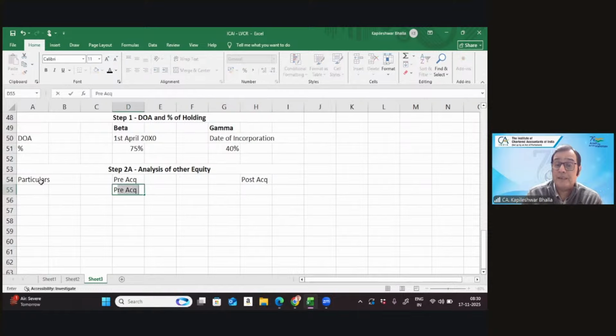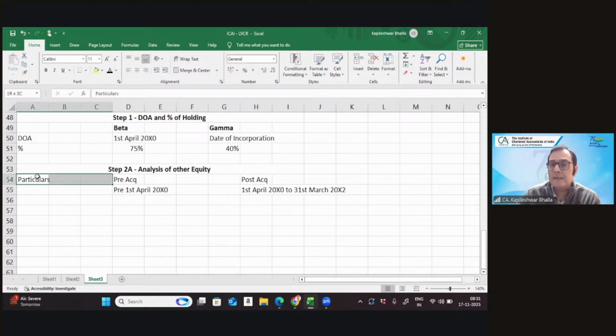We define the pre-acquisition as pre-1st April X0, and the post-acquisition from the date of acquisition, 1st April X0, to 31st March X2. So that takes care of the inputs in this case as well.